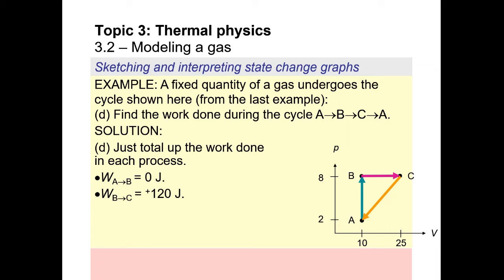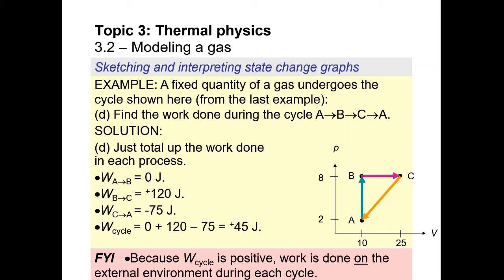And from C to A, gas is contracting. We use a minus value, and that is the area under the line. Cycle is 0 plus 120 minus 75 equals plus 45 joule. Because W cycle is positive, 45, work is done on the external environment during each cycle.